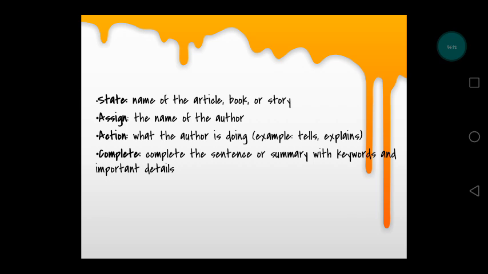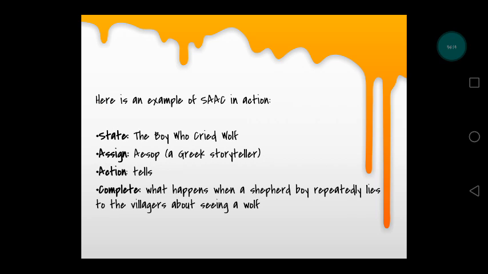Okay, so the title of the story is, yan. So for letter S, state the name of the article, book, or story. So the name of the article or the book is The Boy Who Cried Wolf. And assign the name of the author, Aesop, a Greek storyteller.